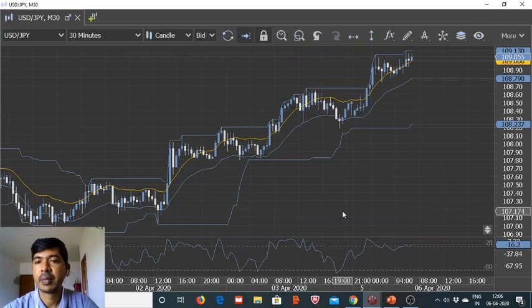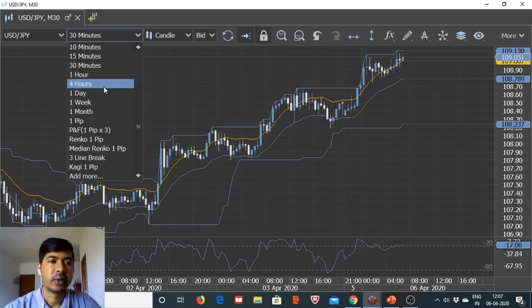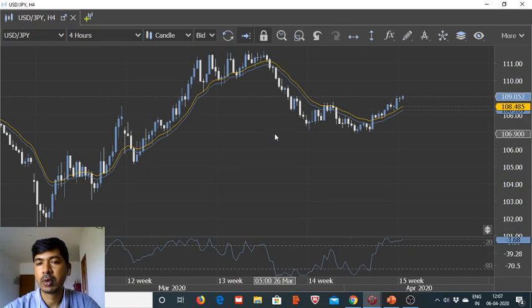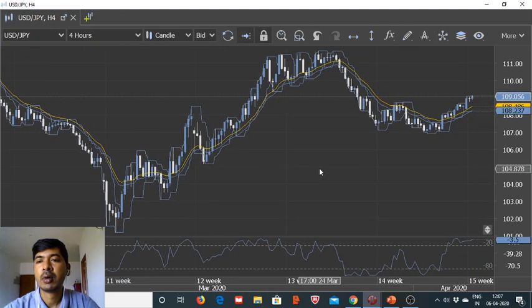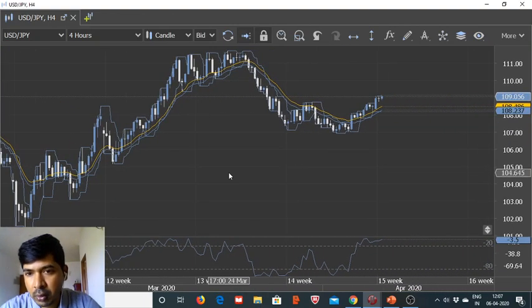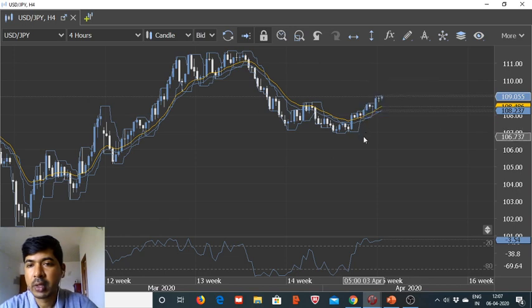Okay, so let me check if it's visible on the 4 hourly time frame. To some extent, okay, we got the values here.